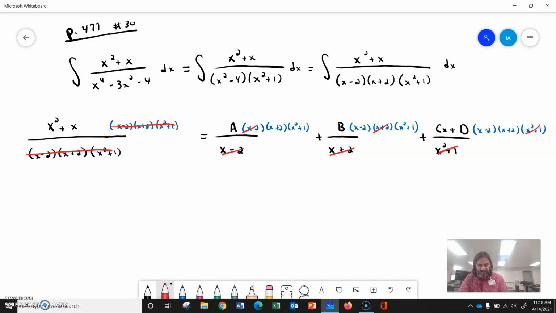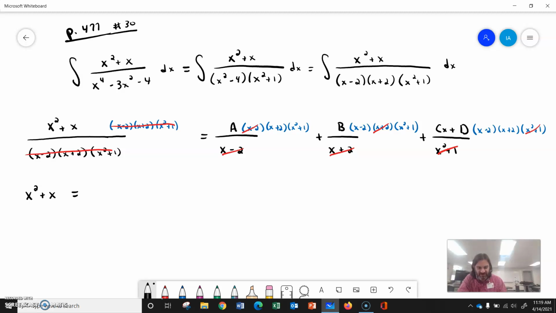So let's knock those out. So unfortunately, everything on the right-hand side, we've got 3 fractions. All of them are going to require some type of FOIL. So let's just get down to it. Writing this thing out will look rather long. The left-hand side is x squared plus x, so we don't have a lot of things over there to compare it to. But let's see. Over here, the a term, you can do this on your own.